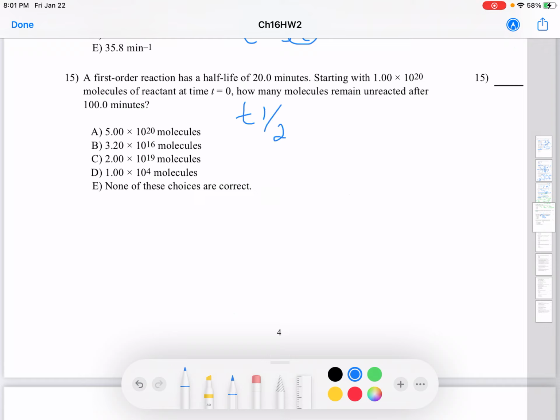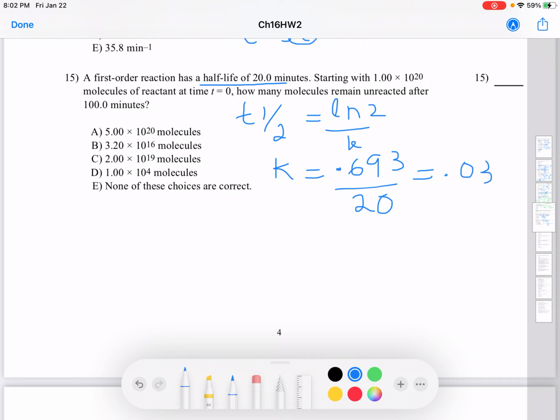Since the half-life is given, t half equals ln 2 over k. So k would be ln 2, which is 0.693, over 20. So the rate constant is going to be 0.03465. Okay, and then the integrated rate law, ln A naught over At equals kt.